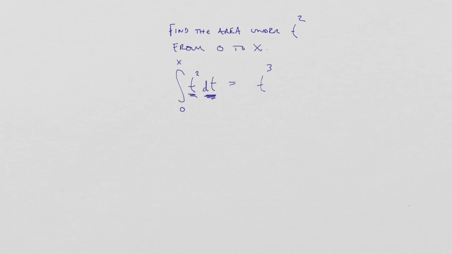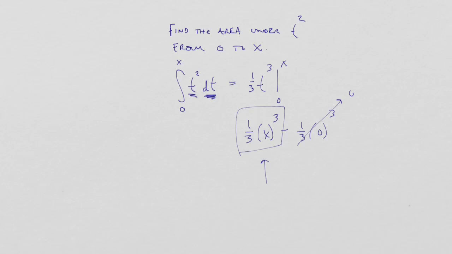So if I anti-differentiate this and then plug in my limits from 0 to x, my answer is going to be 1/3 times x cubed minus 1/3 times 0 cubed, and this is equal to 1/3 x cubed. So my area is defined in terms of x, which is a variable. It can change. So depending on what x is, this new function would give me my area. I'm defining my area in terms of a function described by x.